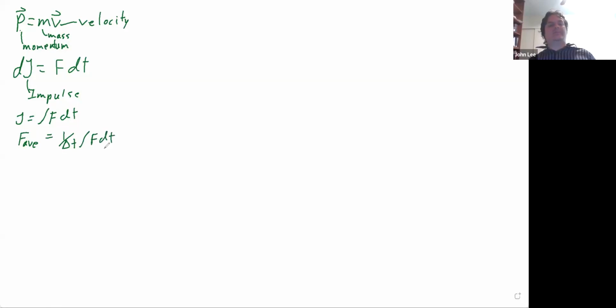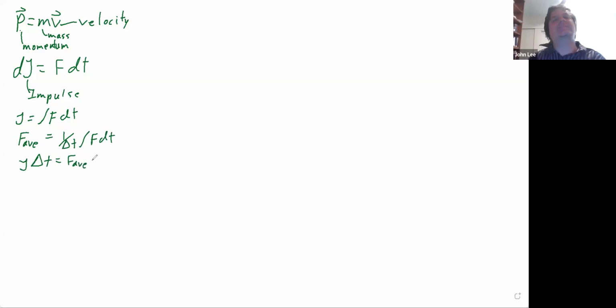So it's equal to the integral over time or space or whatever you're averaging over, divided by the total time that you are integrating. So from this, we get that J over delta t is equal to F average.